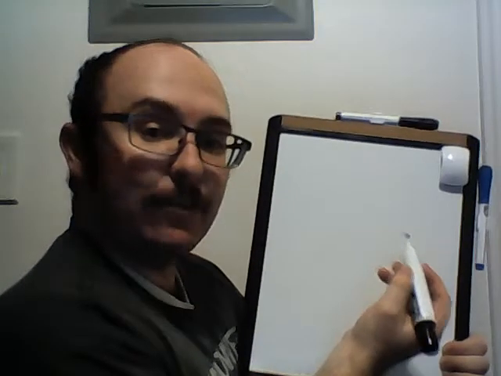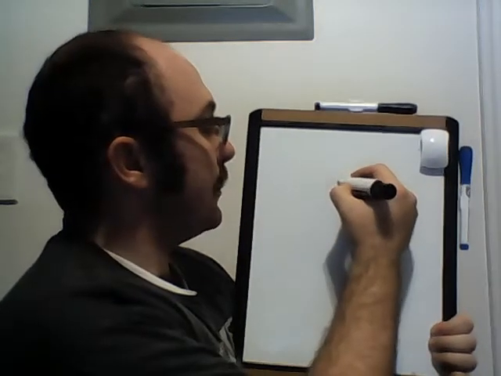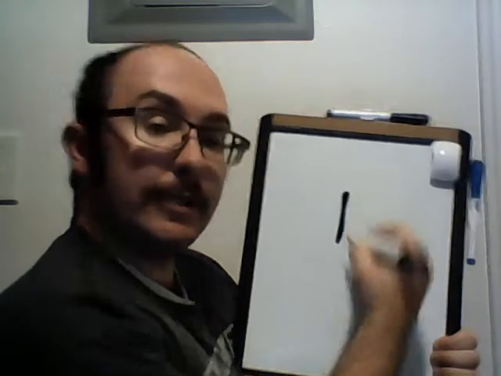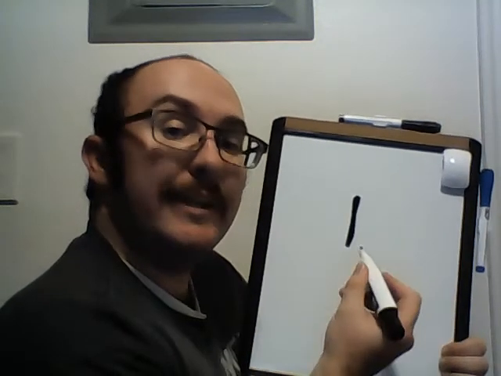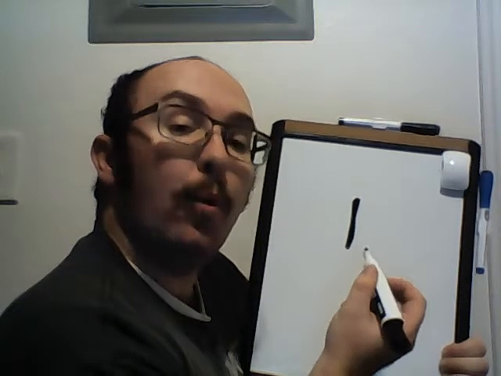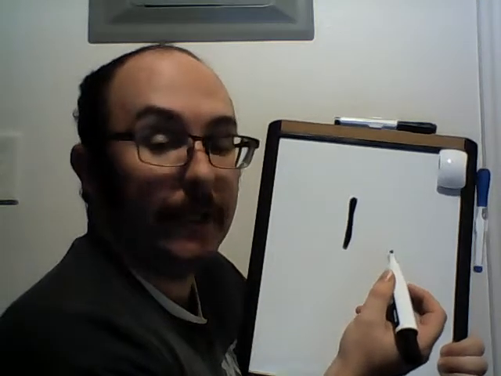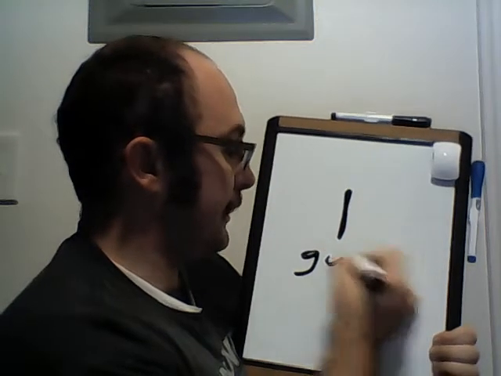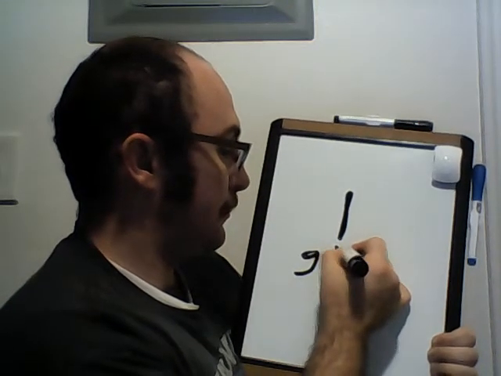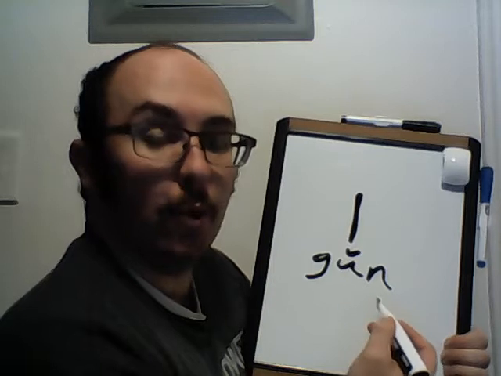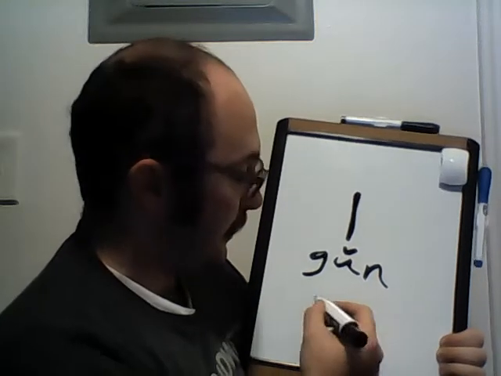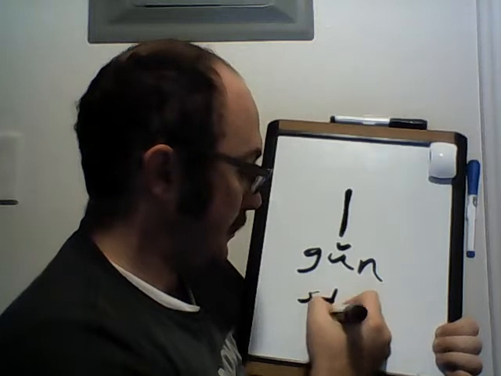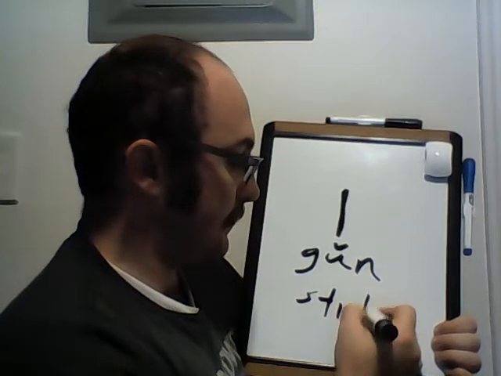The second radical is a vertical stroke, which you remember a vertical stroke is called a shu, but this radical is called gun. So it's G-U-N, third tone, gun. And this radical typically means stick.